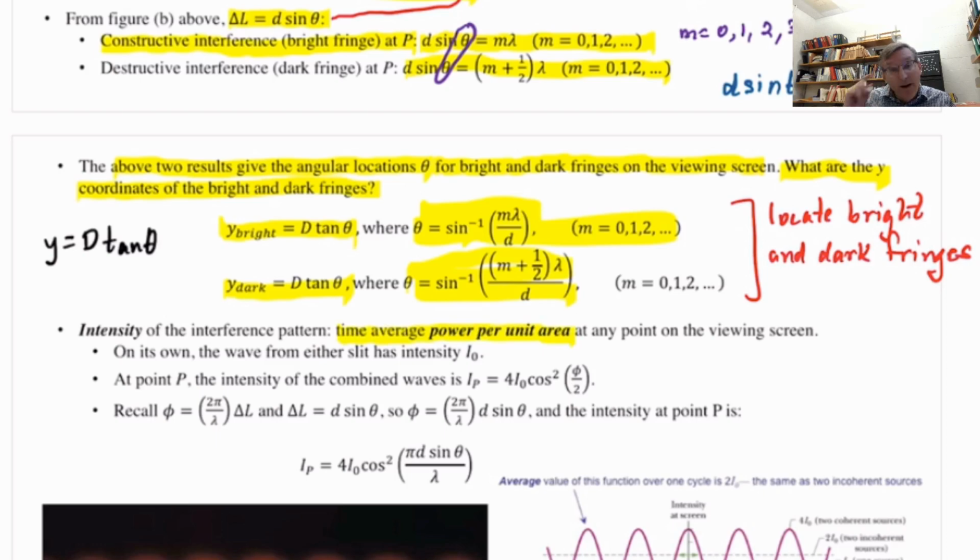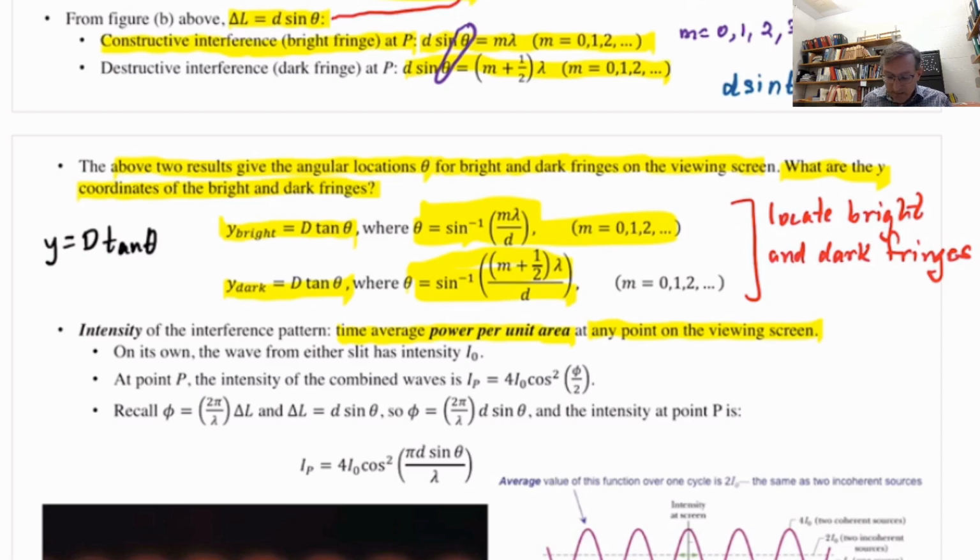And so for this experiment, the classic double slit experiment, we could pick any point on the screen and we could ask, what's the power per unit area of the light there? That would be the intensity. And we actually want to be able to calculate that. We want to be able to pick a point P on that screen, tell you where it is, and then have you calculate the intensity in the interference pattern there.